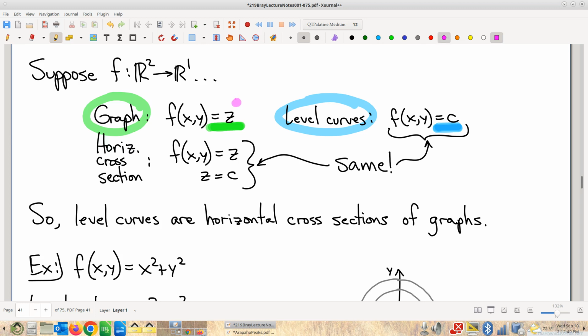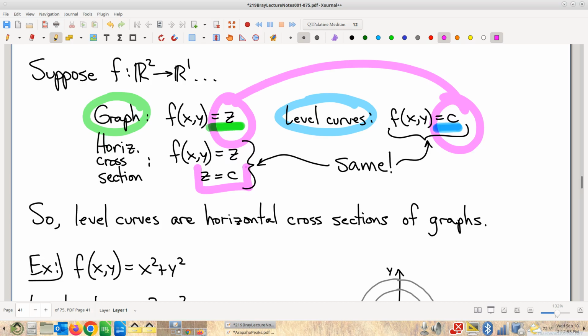if you were to set that new variable equal to that constant, in other words, if you write z equals c, notice what you're doing. Z equals c, that's a horizontal plane. You're basically taking a horizontal cross-section of the graph that you'd already constructed. So, yeah, you do get ultimately the same thing.